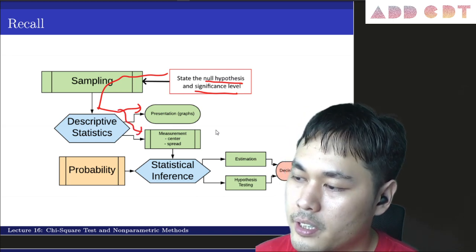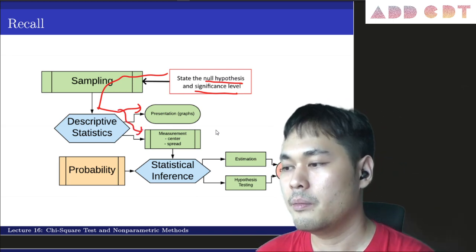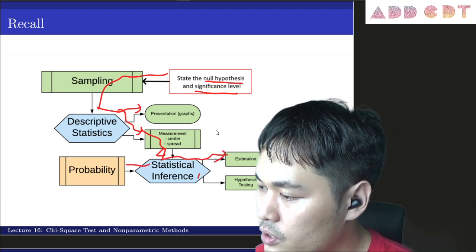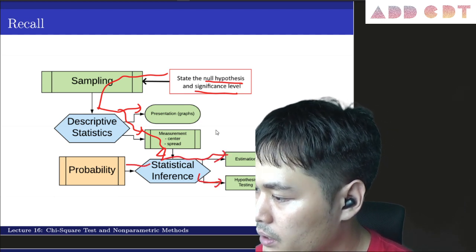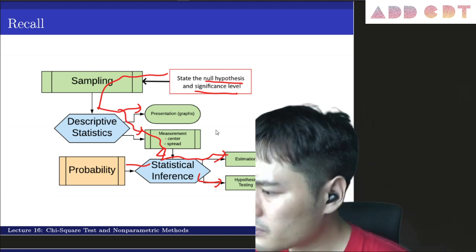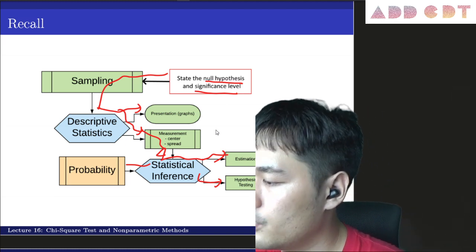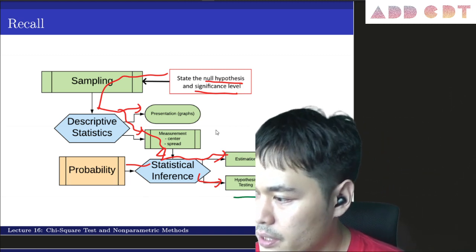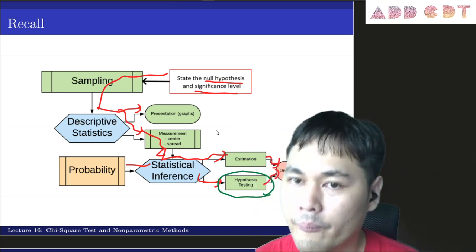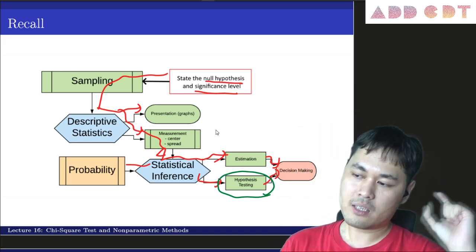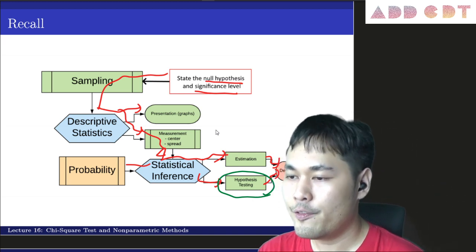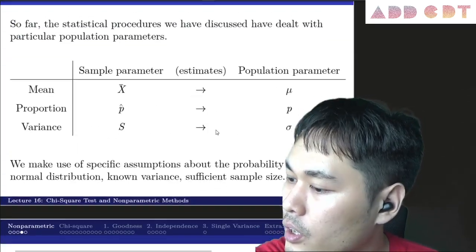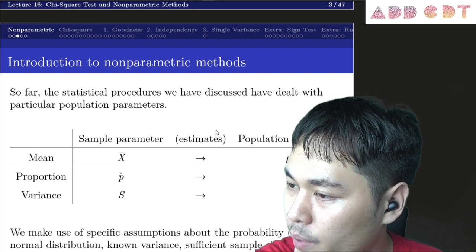You get some numbers like the means, the variance, and the proportion. You use some math, and you use whatever method, and that brings you to the final decision that you make. So this thing is still that thing. We are still dealing with that part, but with different sets of problems. Let's go ahead and look at what we are at now.